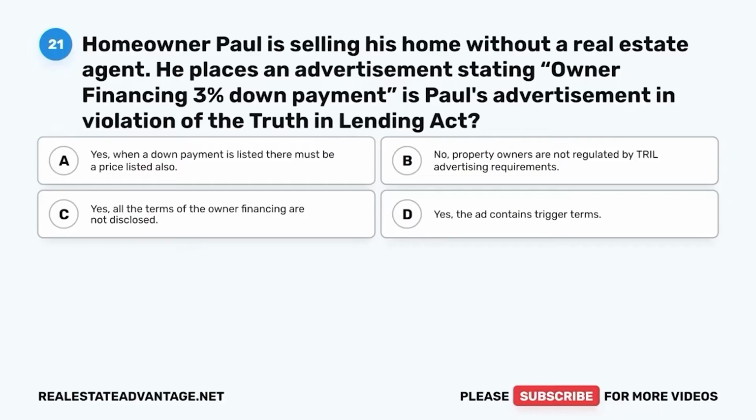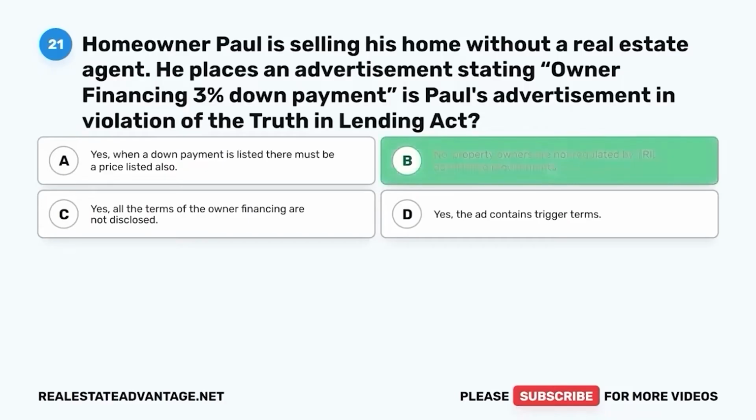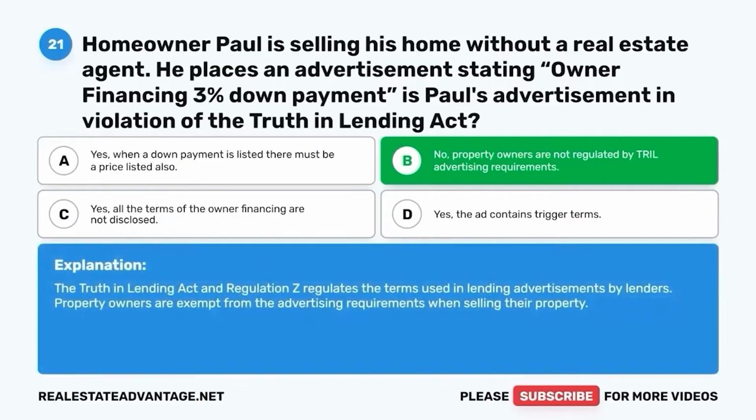All the terms of the owner financing are not disclosed. D. Yes. The ad contains trigger terms. The correct answer is B. No. Property owners are not regulated by TILA advertising requirements. The Truth in Lending Act and Regulation Z regulate the terms used in lending advertisements by lenders. Property owners are exempt from the advertising requirements when selling their property.